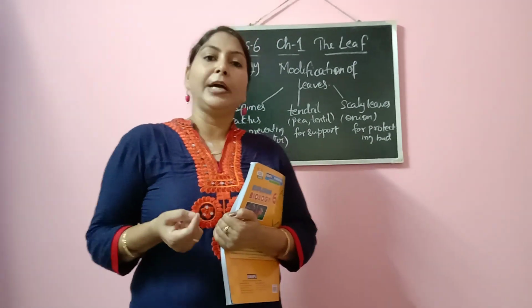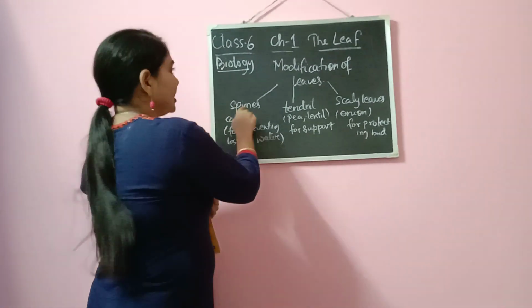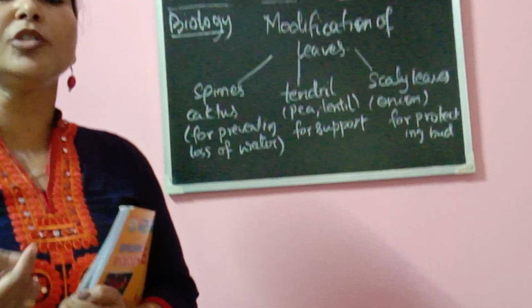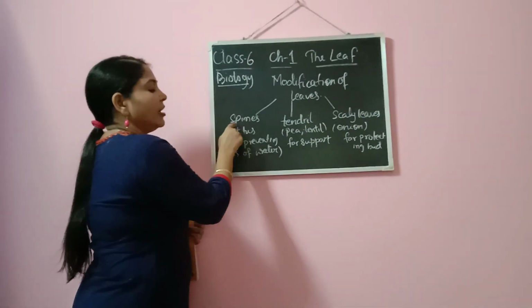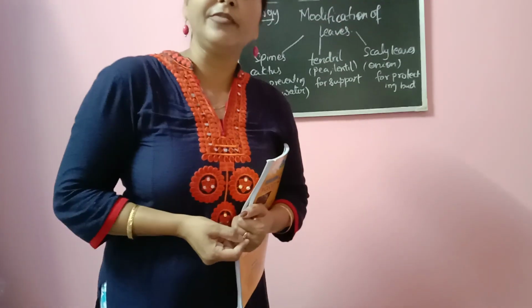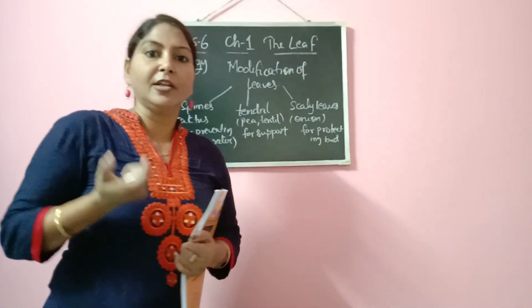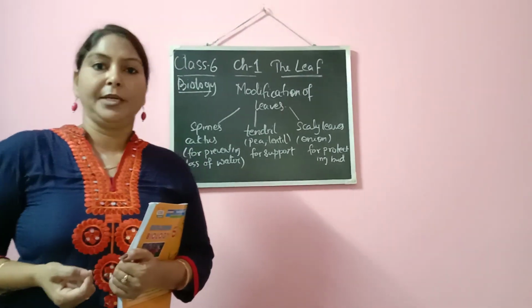So the first modification we are learning here is the modification of leaves into spine. Leaves change into spines in case of cactus or desert plants. Why do they do so? To prevent the loss of water during transpiration.